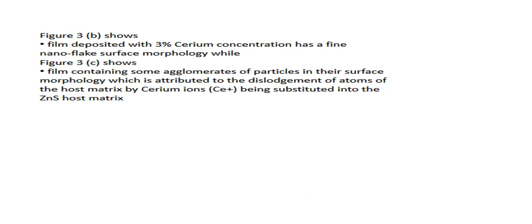The film with the 3% cerium has a fine nano-flake surface morphology, while the film with the 5% cerium contains some agglomerates of particles in its surface morphology, and this can be attributed to the dislodgement of atoms of the host matrix by the cerium ions, because you're substituting the cerium into the zinc sulphide matrix.